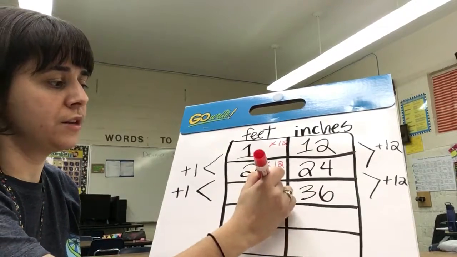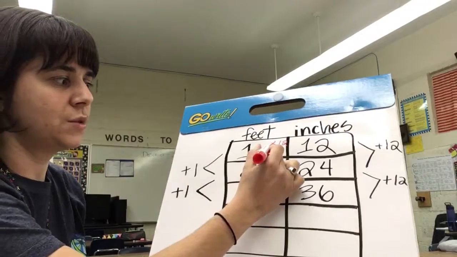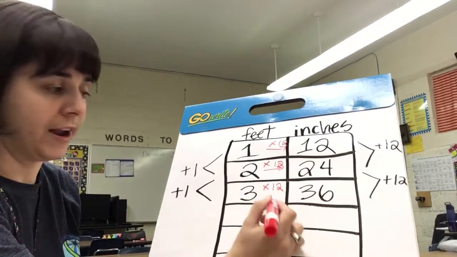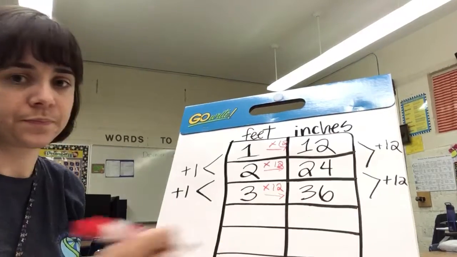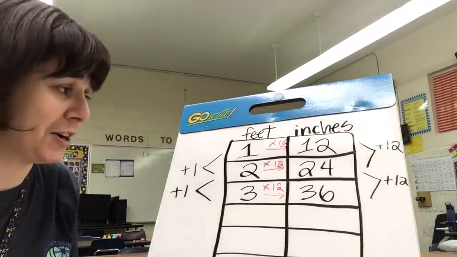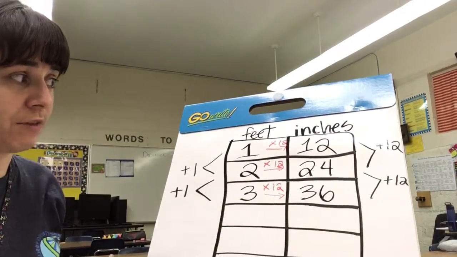And to get from 3 to 36, I would also multiply by 12. So that's when I'm moving to the right. I'm going to draw a little arrow to the right on each of those. And hopefully that's big enough for you to see. So I'm multiplying by 12 to move from the left to the right.